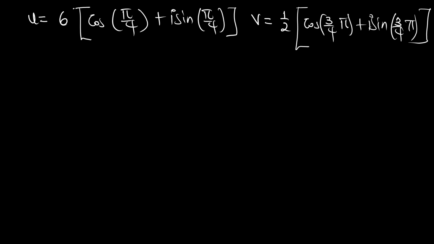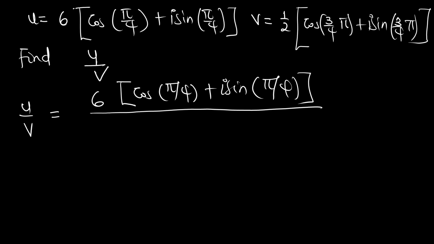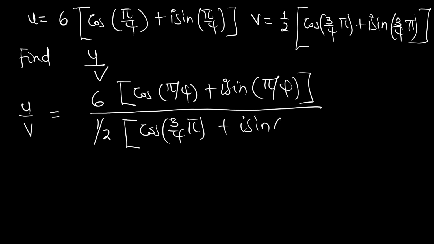Let's find U over V. So our U over V is going to give us 6 multiplying cos pi over 4 plus I sine pi over 4, all over half multiplying cos 3 over 4 pi plus I sine 3 over 4 pi.